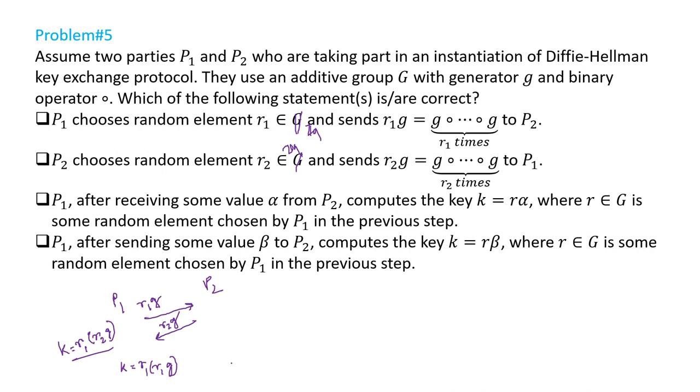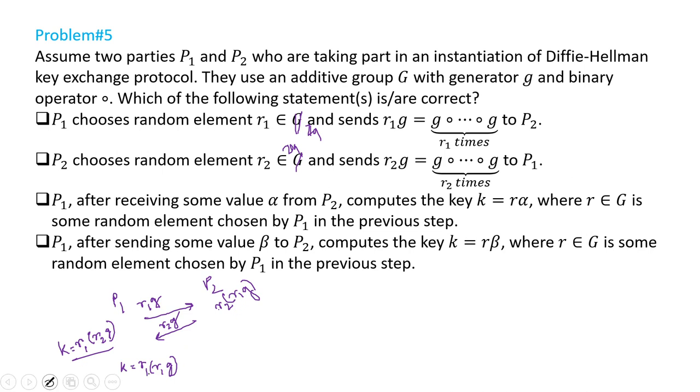The third statement is correct, because then your key is r1 r2 g, and P2 in a similar manner receives r1g from P1 and multiplies to it its own random choice, so that both of them agree upon r1 r2 g.